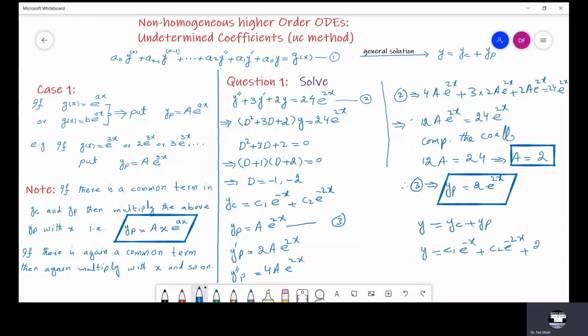The value of yp is 2 e power 2x, and that is the required solution for this problem. Now look at one thing. In the value of yp and in yc, there is no common term. You can see yp is e power 2x. There is no e power 2x in yc. So that is why we don't multiply this with x.